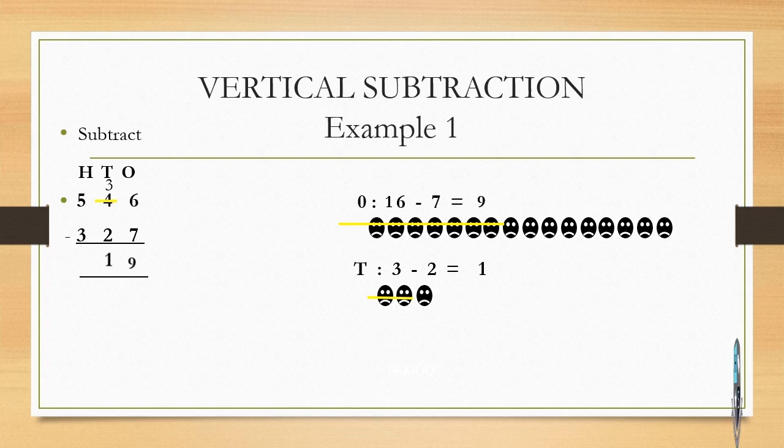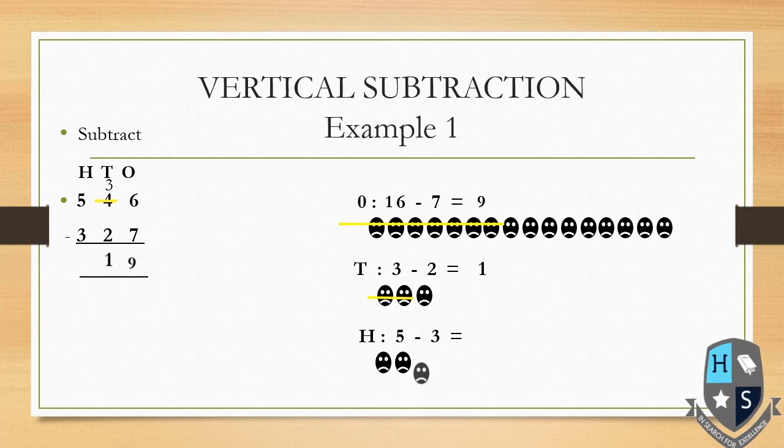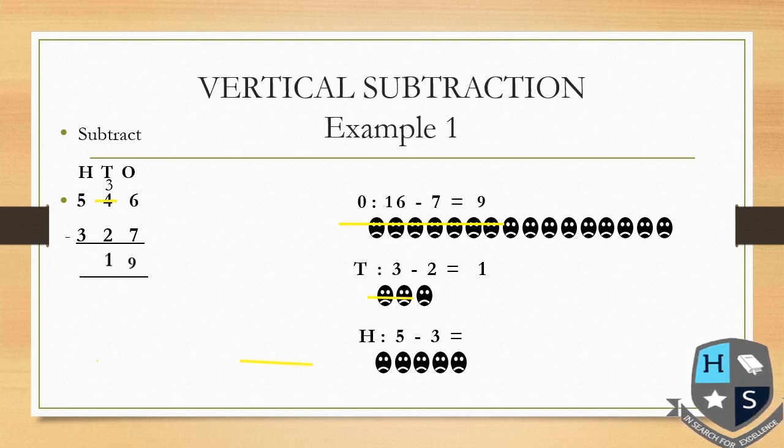After finishing ones and tens, let's go to hundreds. In hundreds, we have 5 take away 3. Let's count together. 1, 2, 3, 4, 5. We have 5 balls. Let's take away 3.